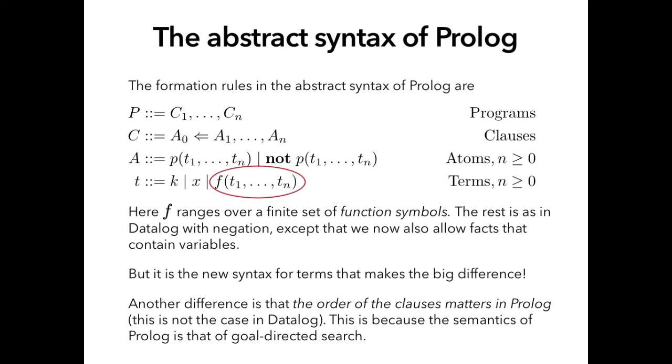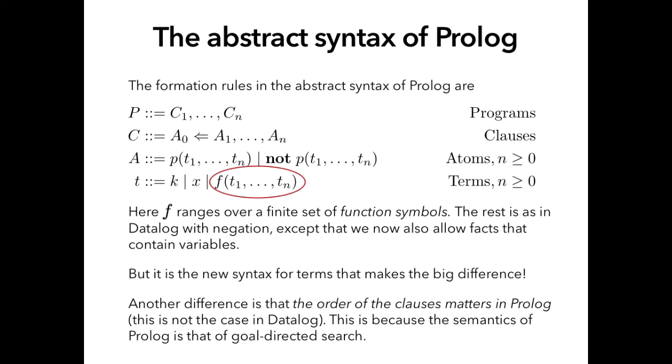What's the abstract syntax of Prolog? Well, here are the formation rules. A Prolog program is a sequence of clauses, and each clause is a Horn clause with a head and a sequence of atoms in the body. A0, A1 up to AN are atoms. So far everything looks just like Datalog, but there are differences.